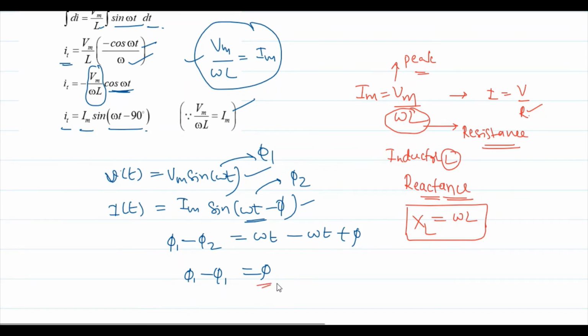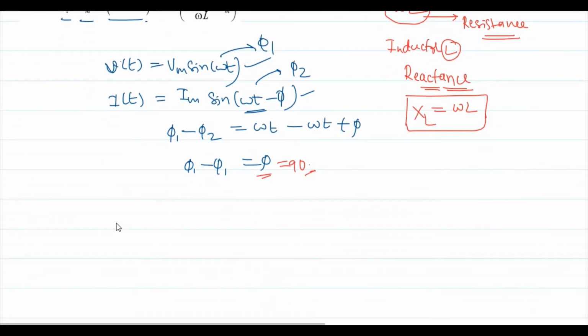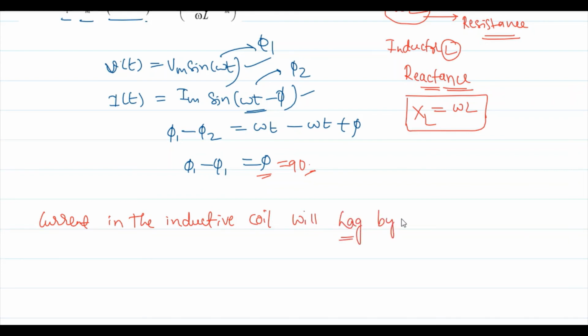Actually, the phase difference in this case is exactly equal to 90 degrees. From these two equations we get that the current in the inductive coil or inductive circuit will lag by 90 degrees with respect to voltage, right?